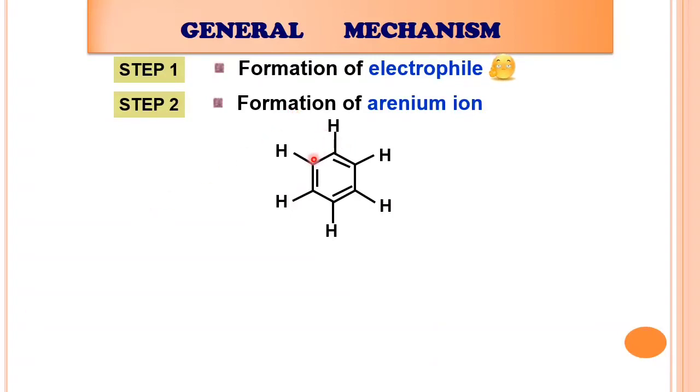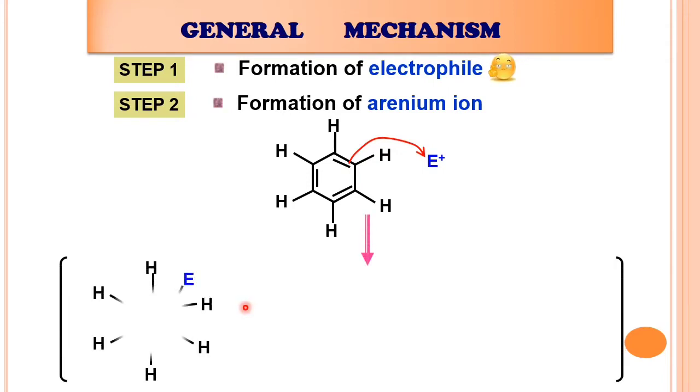We know the benzene ring consists of 6 carbons and 6 hydrogens. We will remove one of the hydrogens and replace it with the electrophile, whichever one. The electrophile will enter the benzene and one of the hydrogens will leave, but before that, there will be resonance structures for this mechanism.